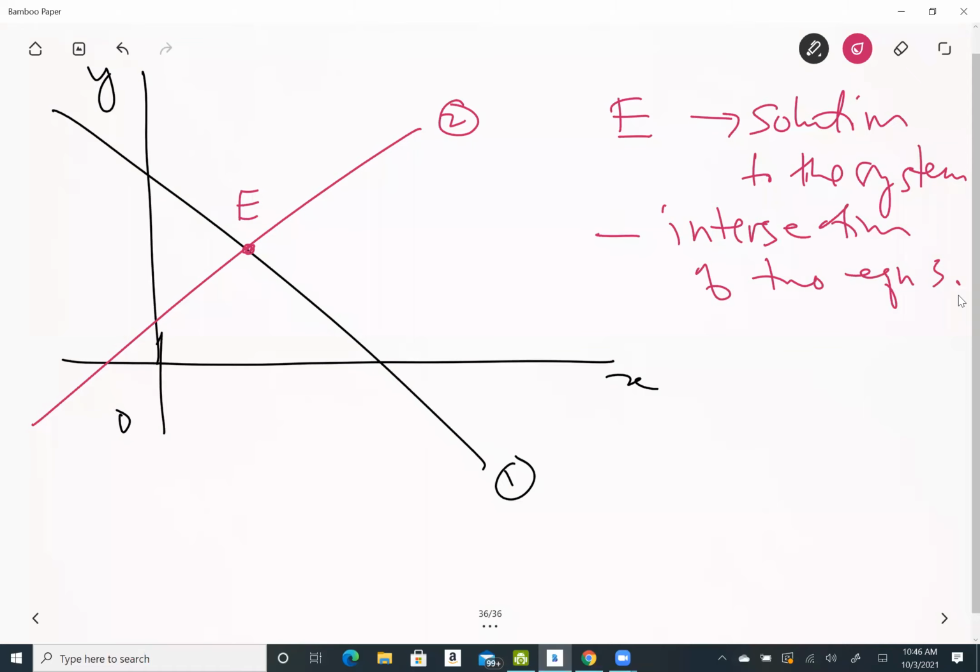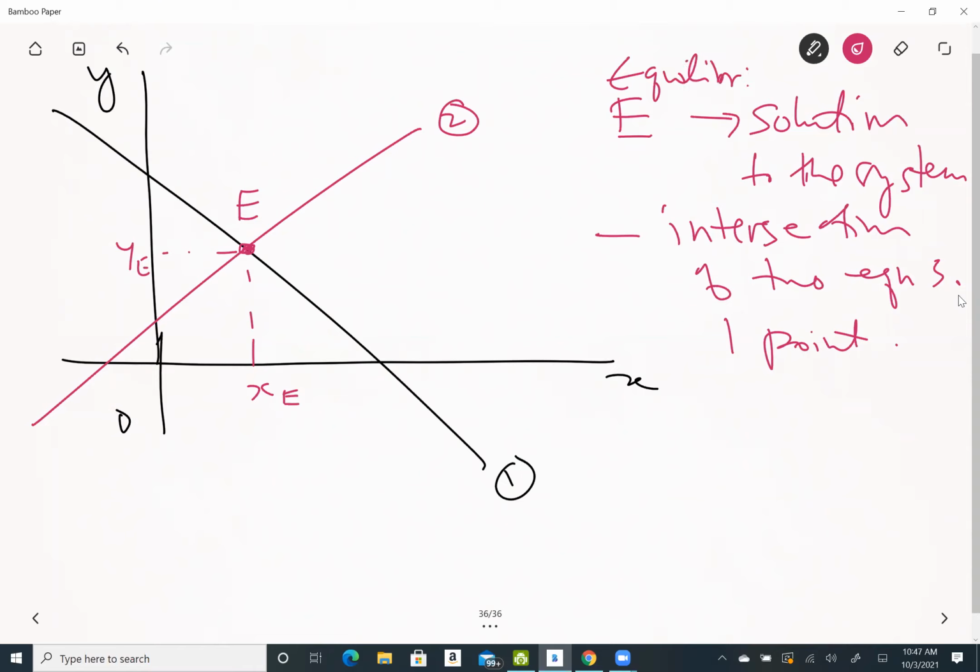If you look at this example, you have the intersection here. It involves only 1 point. So we can call it X E, Y E. Now E stands for equilibrium. I use the concept here more of economics.